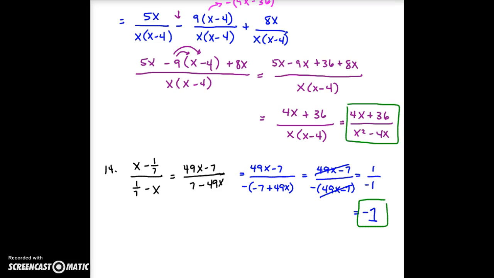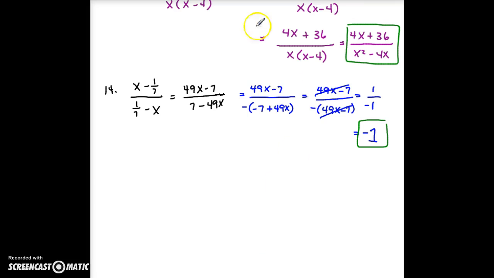All right, and last one, number 18, is as follows. This was a multiple step one as well. So you have 5 over square root of 10 plus 4 over square root of 13. Now looking at how you had this one set up, you were correct in identifying 130 as being a common denominator.